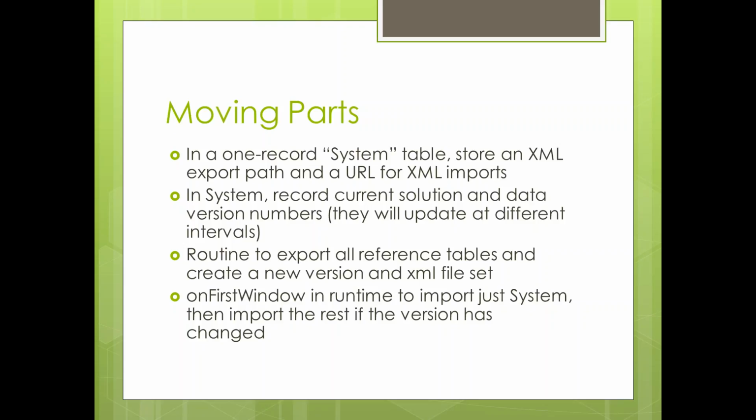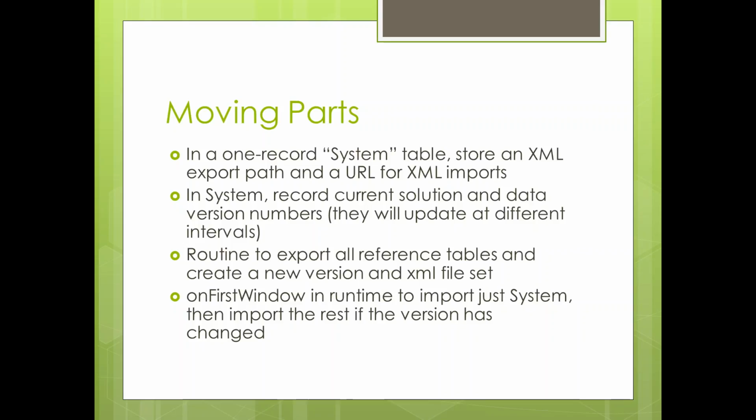Export them all as XML and create a new version and a set of XML files for the runtime users to download. And then we put an on-first window in the runtime, so that when they open the runtime, it will import just that one record system table, import an update, and check the versions.